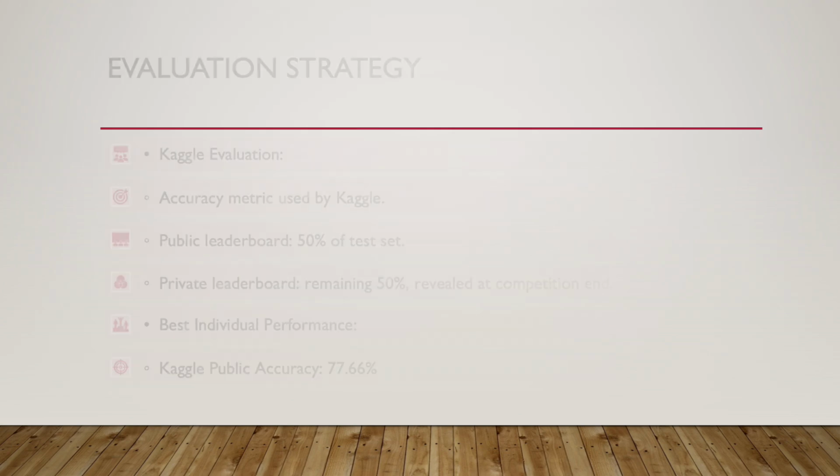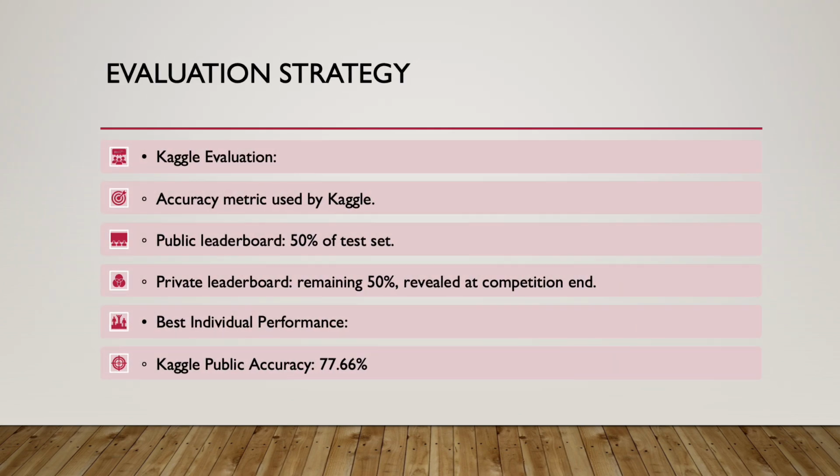For this project, the evolution process was aligned with Kaggle's competition framework. Kaggle uses accuracy as the primary metric to rank submissions. The test set is split into two halves. The public leaderboard is based on the first 50%, which is visible during the competition, while the private leaderboard uses the remaining 50% and is revealed only at the end.